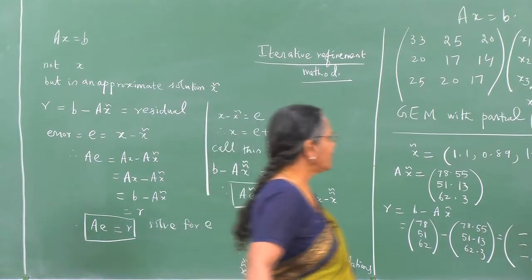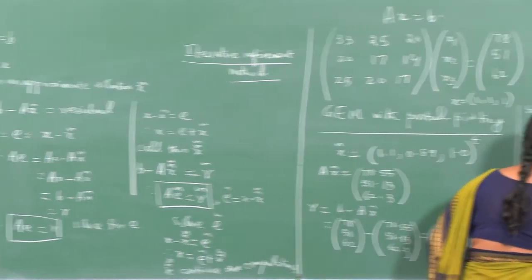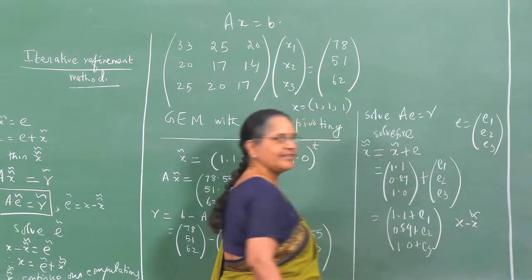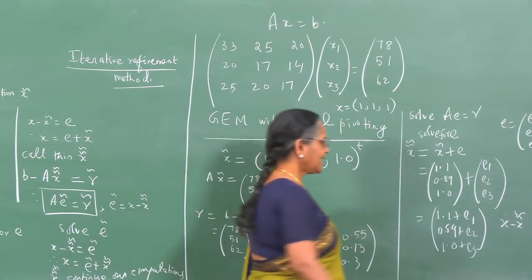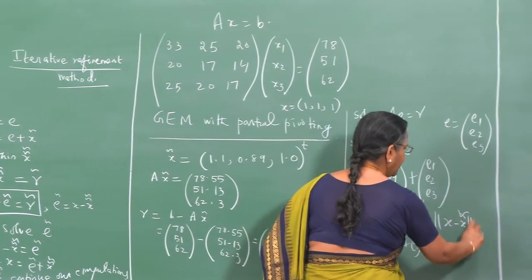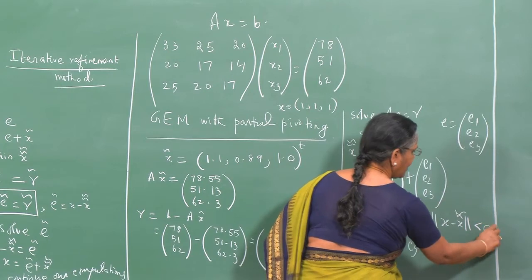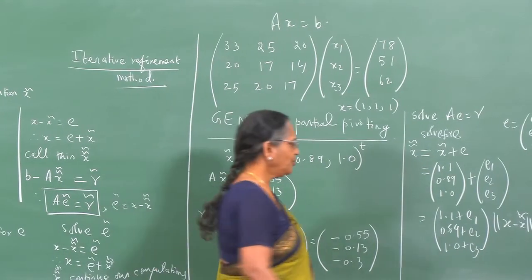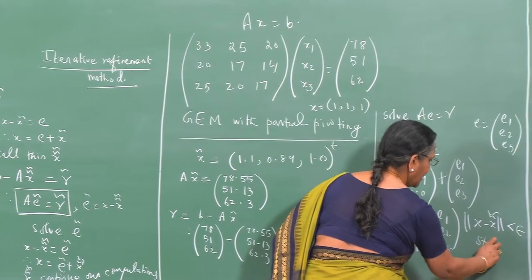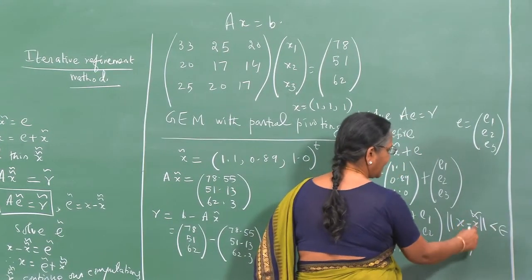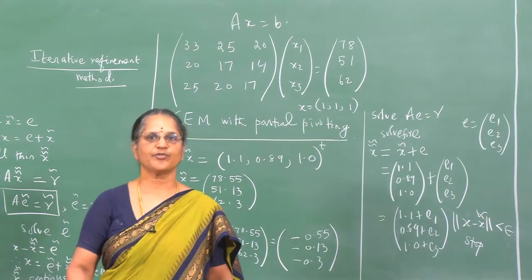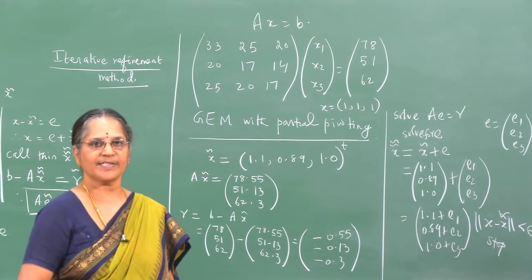Now, check whether x minus x double tilde that you have computed is such that the magnitude is less than the prescribed error tolerance. If so, you stop your iterations and you say that x double tilde is your solution correct to the desired degree of accuracy.